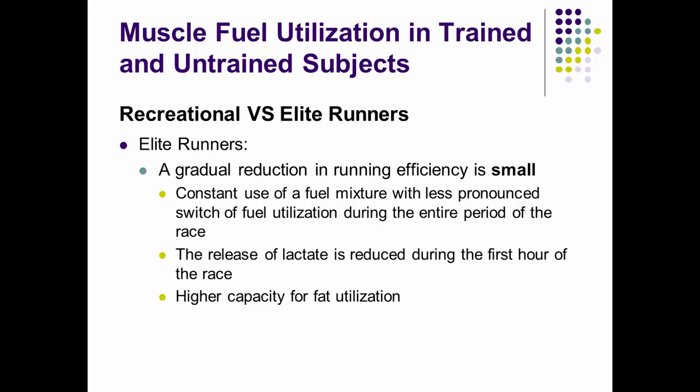In the early stage they use more carbohydrate, and in the later stage they try to use more fat. But because the oxidation capacity for fat is decreased, they actually weren't able to efficiently utilize fat to produce ATP, right? All right, any other questions?